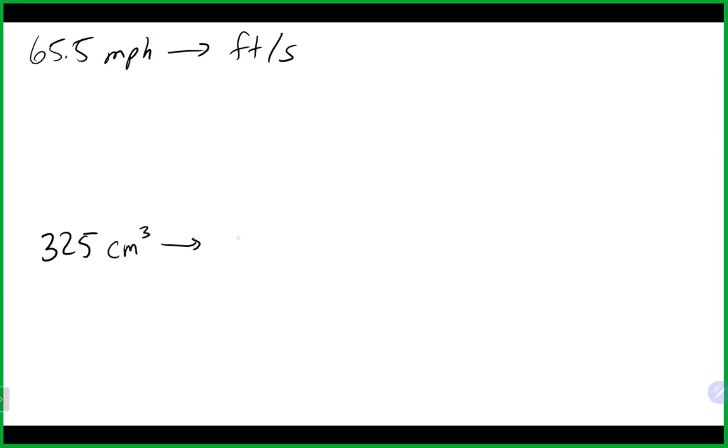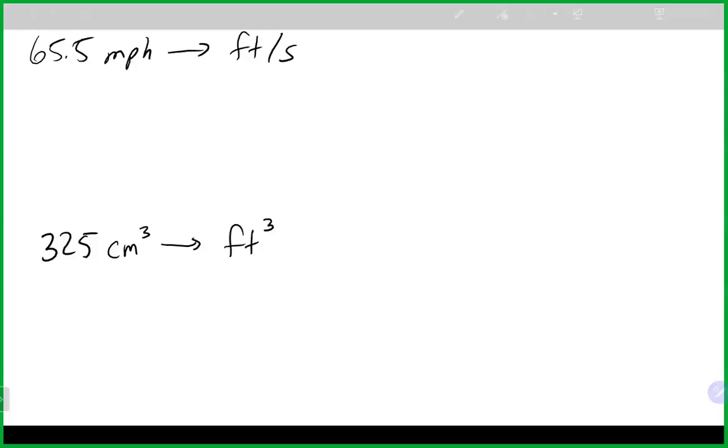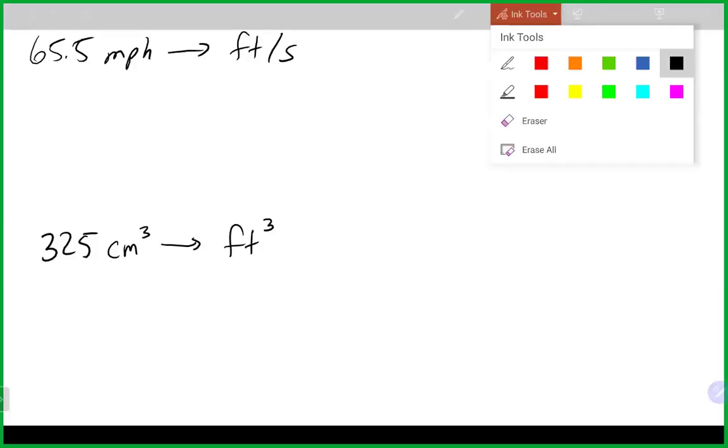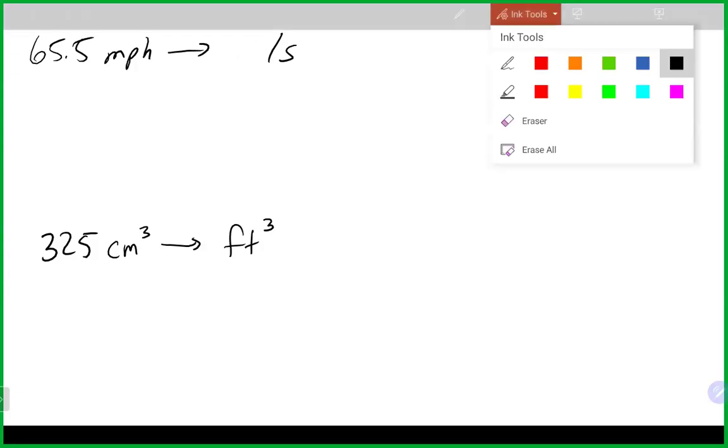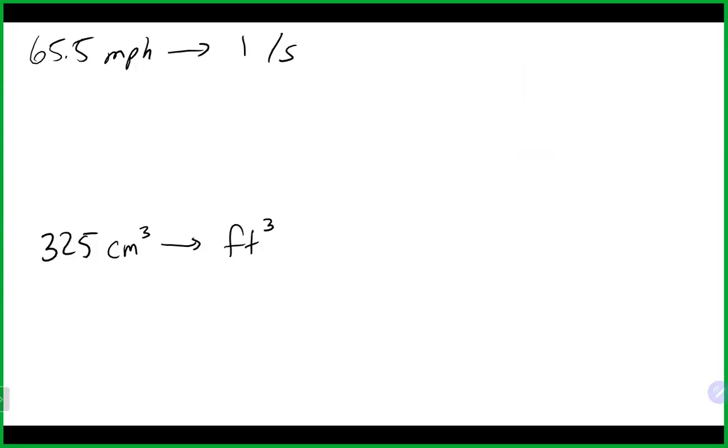I want to know how many cubic feet that would be. Let me give you some stuff that might be helpful. Actually, not miles, I'm sorry, I want kilometers per second on the first one. Not feet. Let's do kilometers per second.